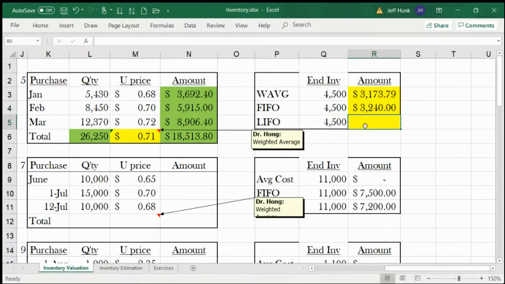And then LIFO. LIFO is last in, first out. Now, if you think about it, that's not a very natural assumption, right? Because if it was purchased last, I mean, how can March purchase be sold in January, right? That's totally counterintuitive, and it's illogical.